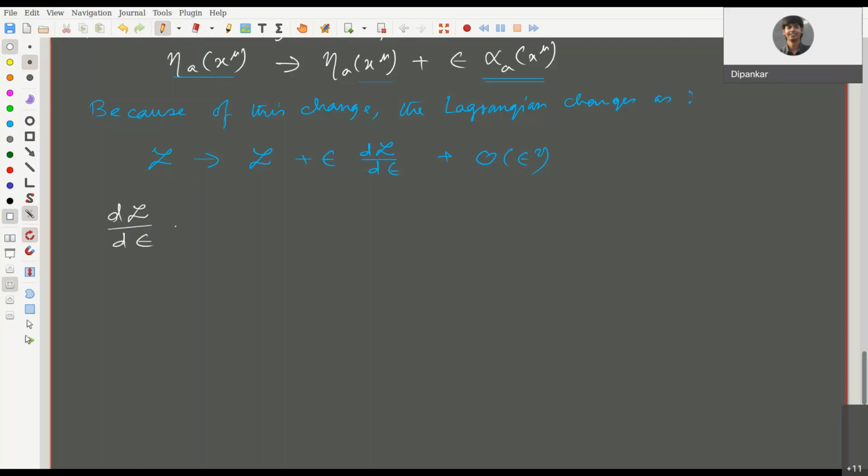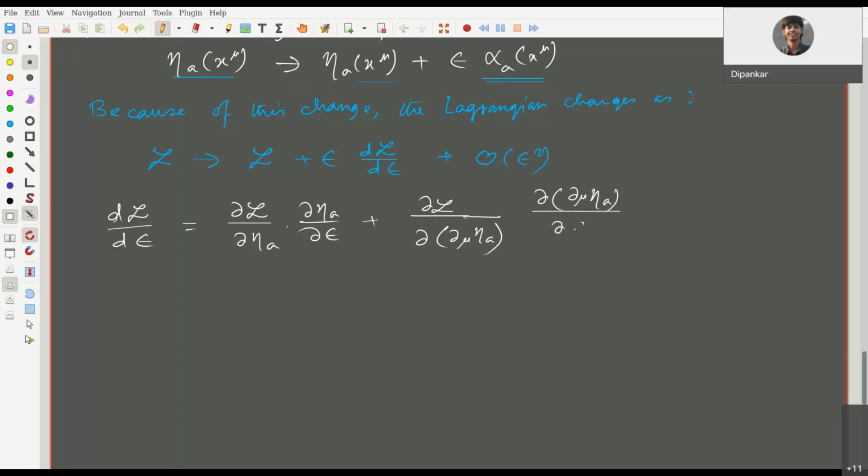So dL/d epsilon equals del L over del eta_A times del eta_A over del epsilon, plus del L over del of (del_mu eta_A) times del of (del_mu eta_A) over del epsilon.